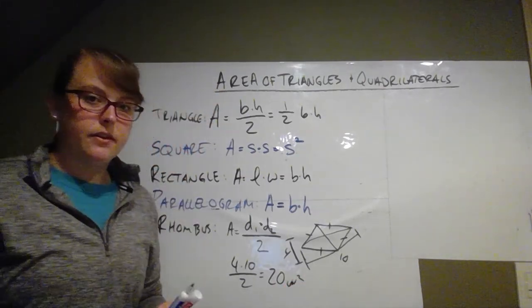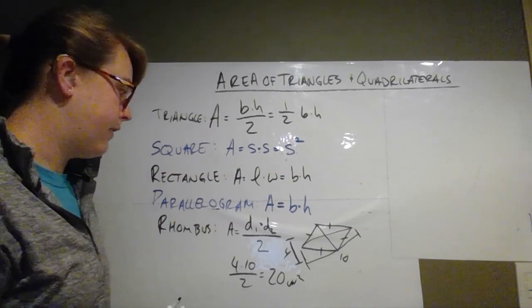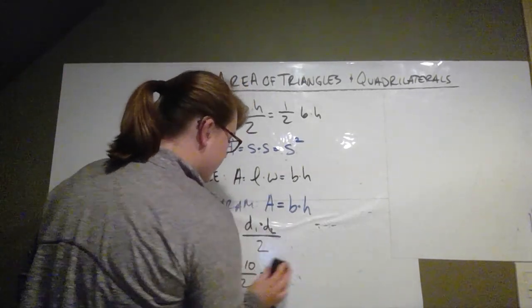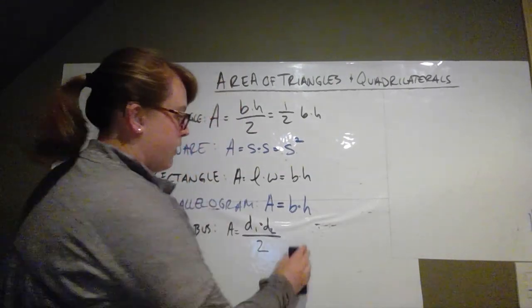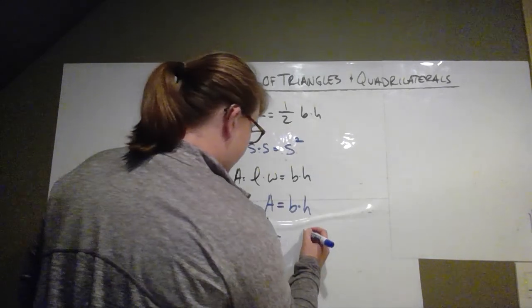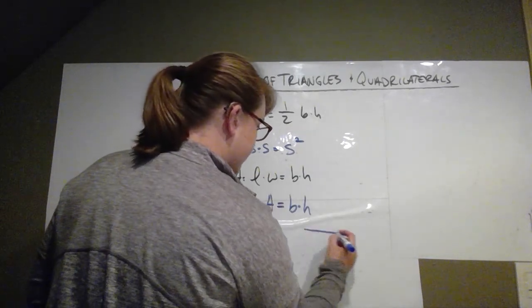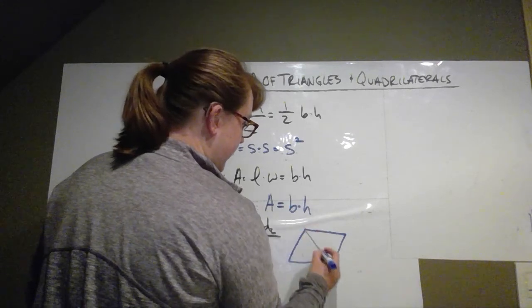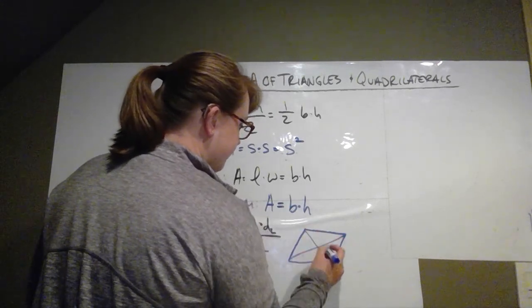But let's say they gave us something different instead. They didn't give us directly the diagonals. What if instead they gave us like half of the diagonals or something?